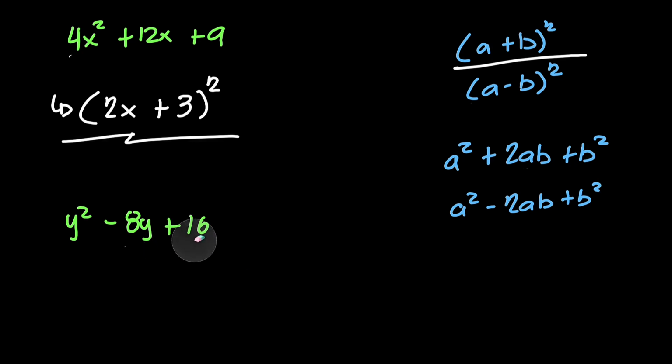So now we will use this form (a - b) raised to the power of 2, because it has a negative in here. So the factored form would be y minus 4, and just square this.